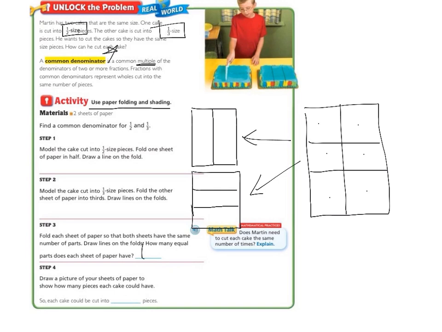Now I have 6 pieces in my cake. And now I can cut my halves into 6 because 2 can multiply to 6. And I can cut my thirds into 6 because 3 can be multiplied into 6. So the cakes, in order to be even, are going to be cut into 6 equal pieces. Now they have a common denominator.